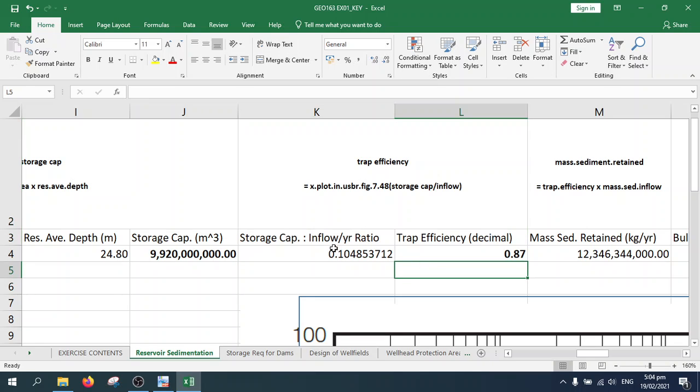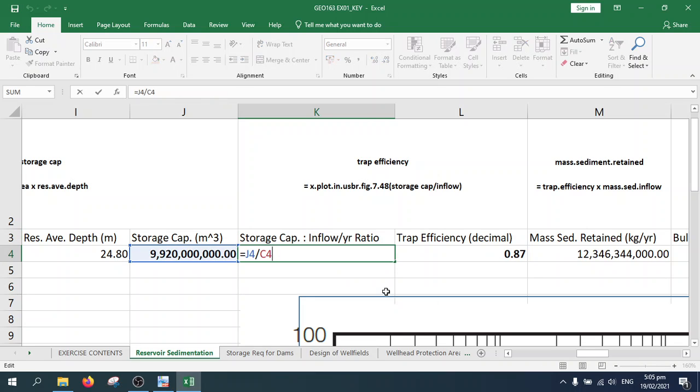So all we have to do here is to get the ratio of our storage capacity versus the inflow volume per year.